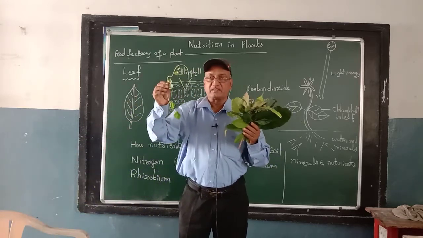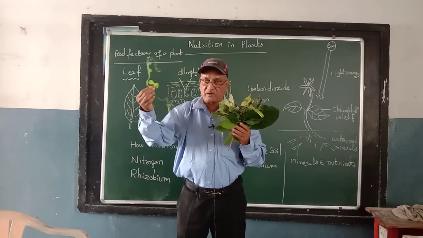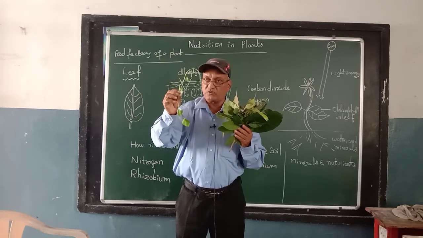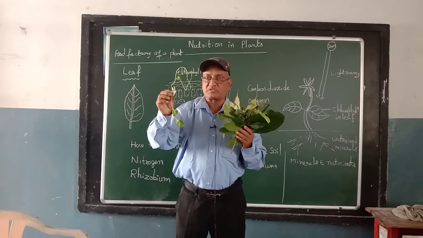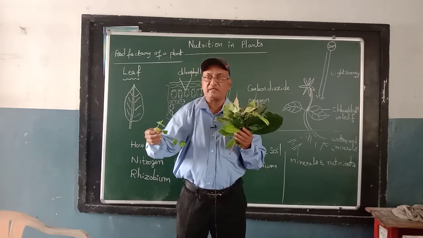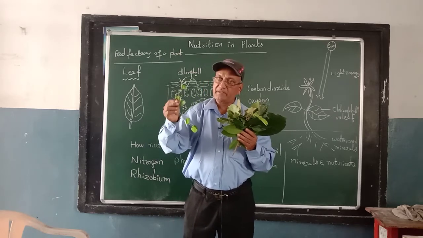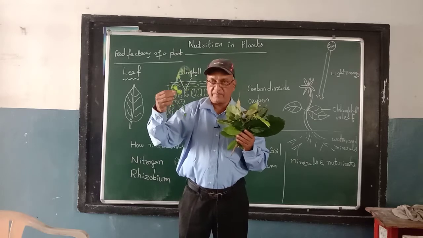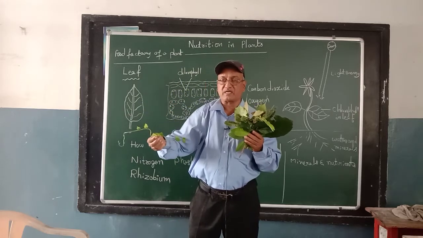The creepers climb on other plants for their growth. They won't have a proper stem to grow. They are twining or climbing on other plants. They prepare their own food, and they are not like kaskuta, but they climb on other trees or plants.